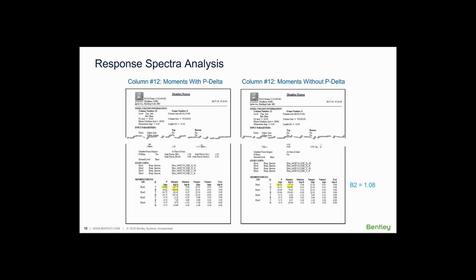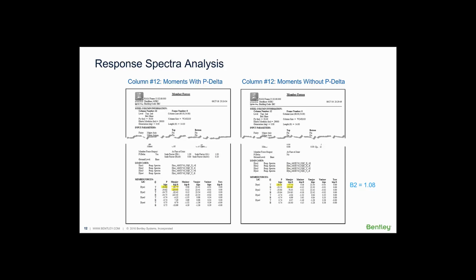In this model, at this level of the structure, the B2 factor is 1.08. So if your lateral analysis is based on an iterative approach and you're doing a response spectra analysis, one solution to the dilemma is merely to calculate the B2 factor and apply it to the moments, and then you've satisfied the requirement for response spectra and you've satisfied the requirements for P delta.